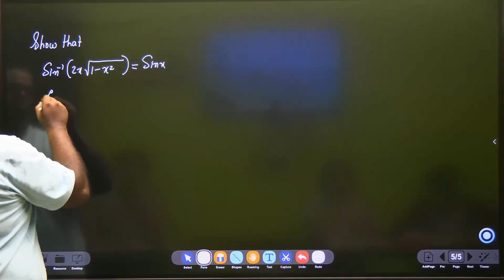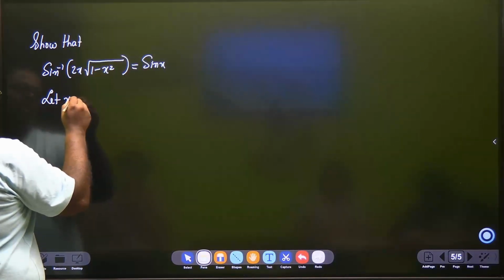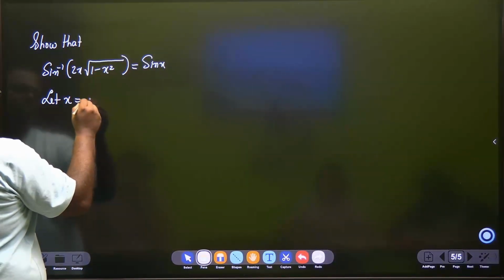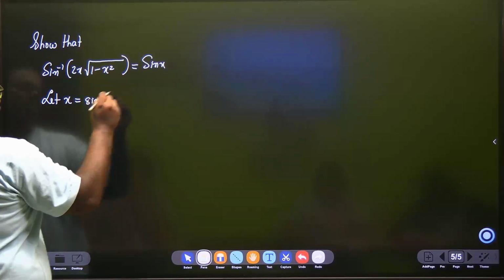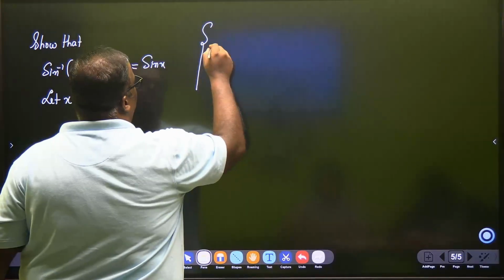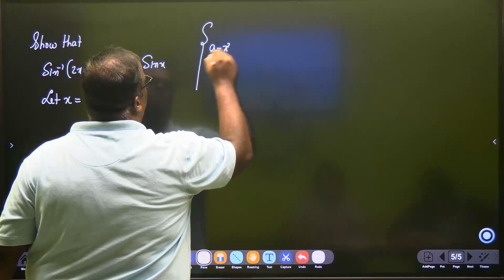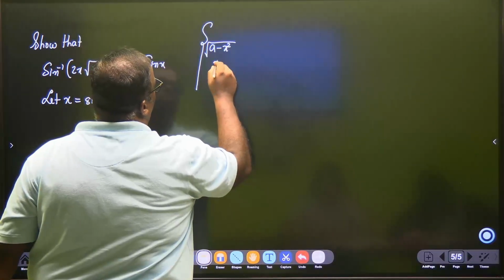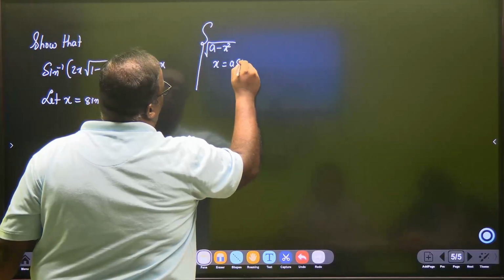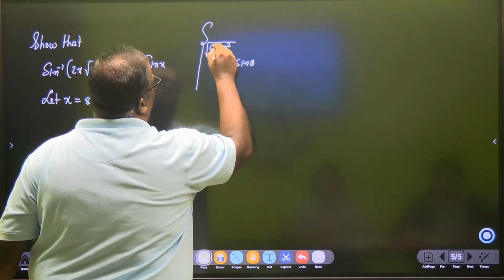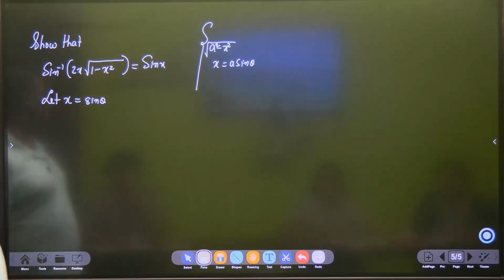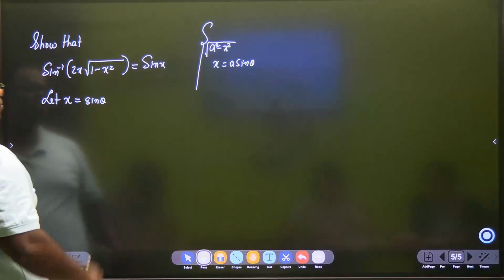So we make an assumption here. Let x be equal to sine theta. Now what you assume also depends. If it was a square minus x square, then we will assume x equal to a sine theta. If it is 1 minus, then you assume only sine theta. x equal to sine theta.